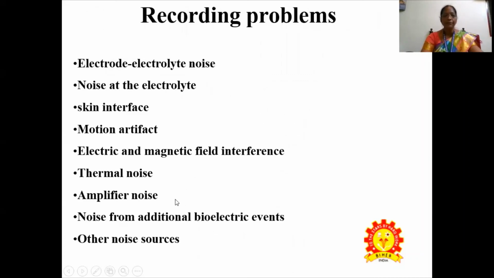These are the problems with our recordings: we have electrode-electrolyte noise, noise in the electrolyte-skin interface, motion artifacts, electric and magnetic field interferences, thermal noise, amplifier noise, noise from additional bioelectric events, and other sources.